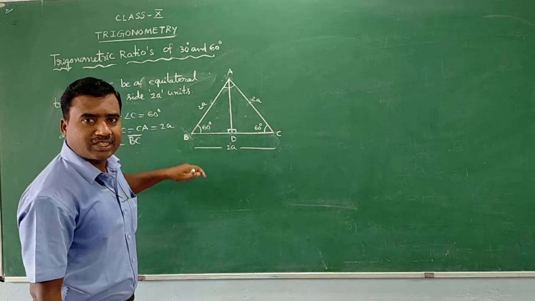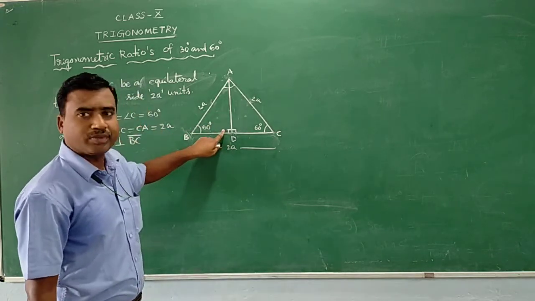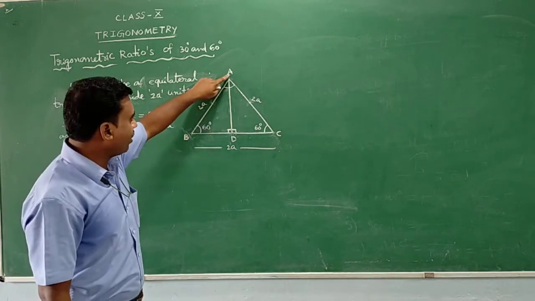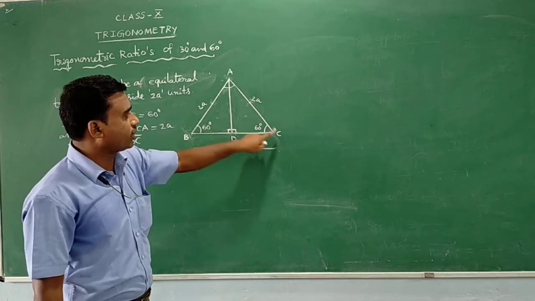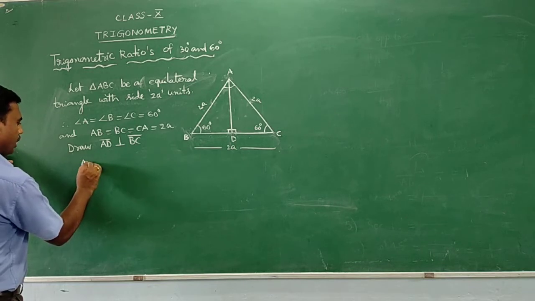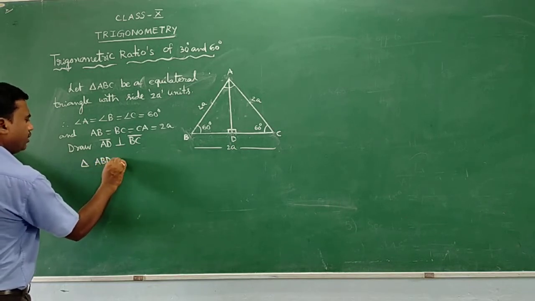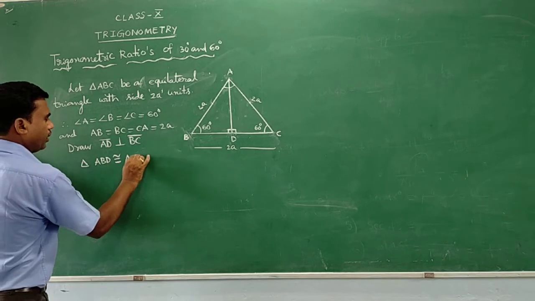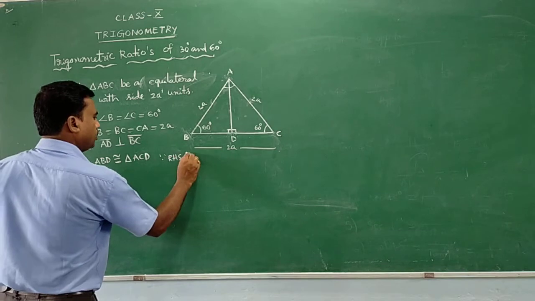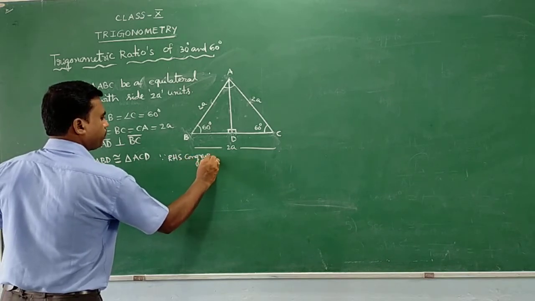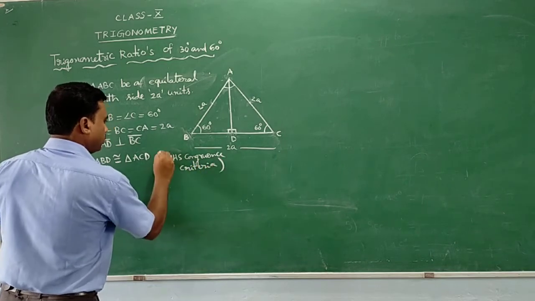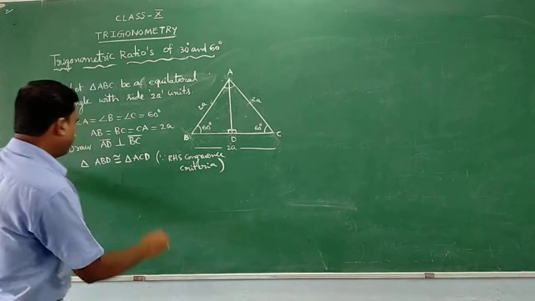So by RHS congruence criteria, right angle, hypotenuse and side, triangle ABD is congruent to triangle ACD.